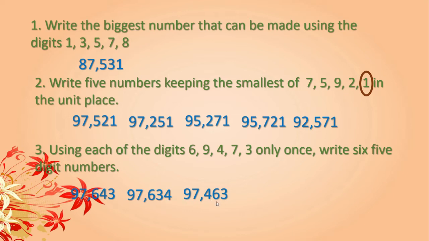Now what we will do? 97,436. Correct? Only you can change the places of these last 2 numbers. Then next, what we will do? 97,364. I have taken 3 in the hundreds place. Now again we will change these 2 places.